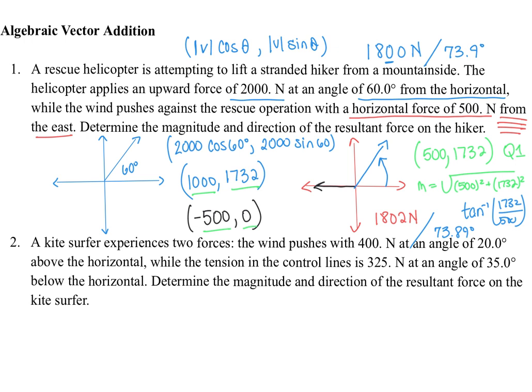You could say above the horizontal. You could say north of east, correct? Both of those are valid. They told me a horizontal. They told me from the east. So you could say 73.9 degrees above the horizontal. That's fine. Or you could say north of east. Either of those would be correct.